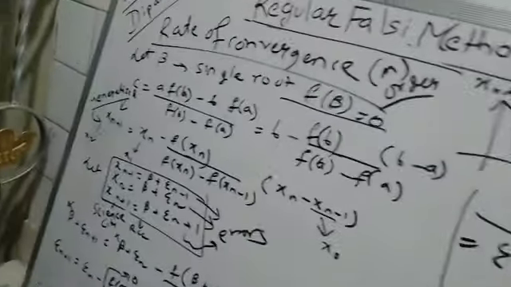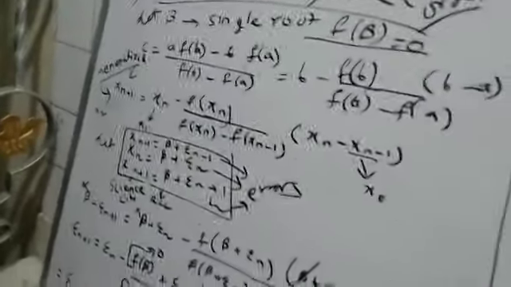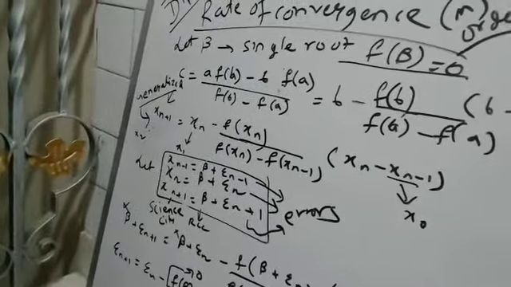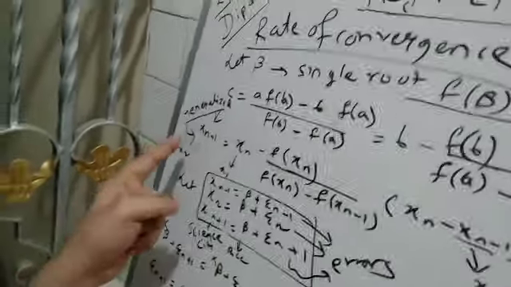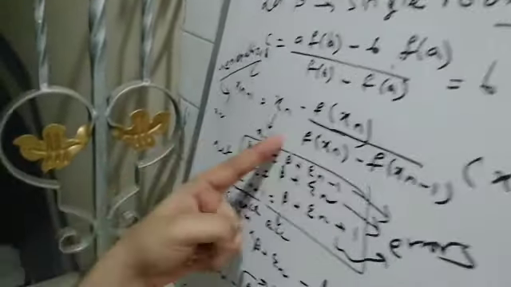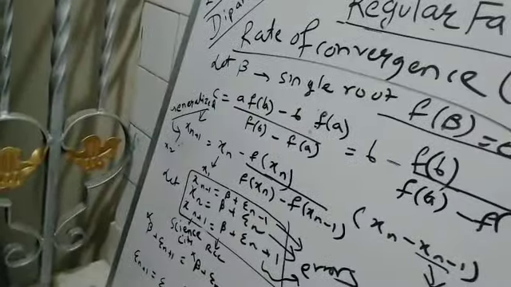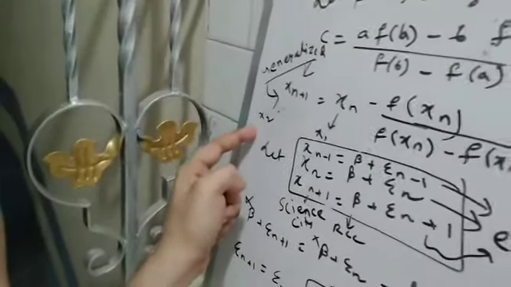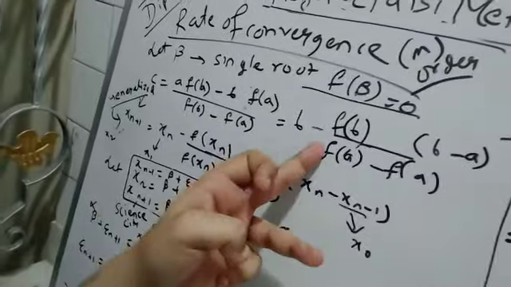Considering that, I can write a generalized expression. Here you can map with x2. This is your x1, this is your x2. That means basically this is your a, this is your b, this is your c. You can write it from this equation.